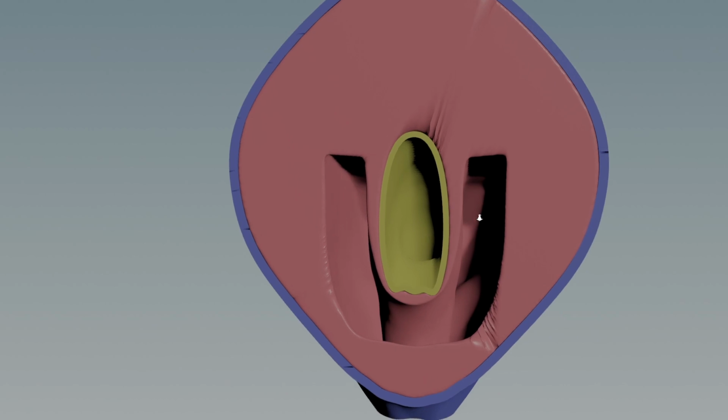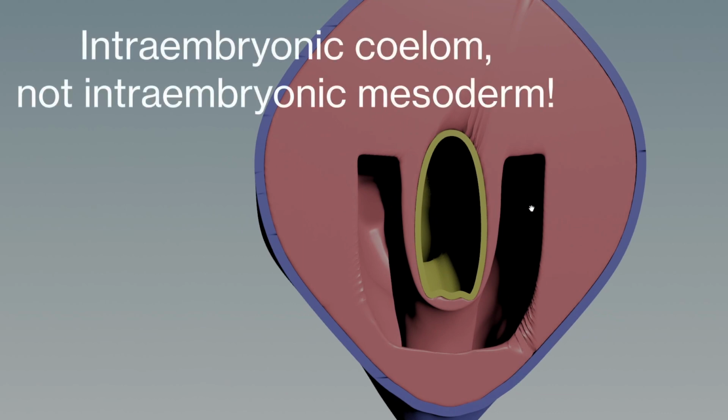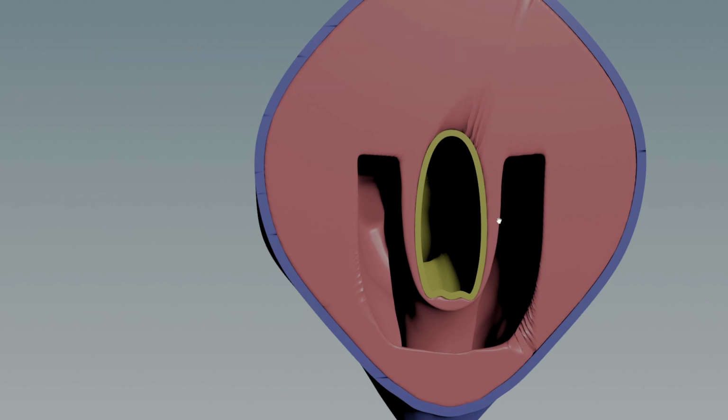But what I want to emphasize in this view is remember that the lateral plate mesoderm is what's folded around on either side here. And the intraembryonic mesoderm was separating it into visceral mesoderm and somatic mesoderm. And so we can see how both sides of the visceral mesoderm have joined to follow around that completed gut tube, and both sides of somatic mesoderm have now joined in the middle.